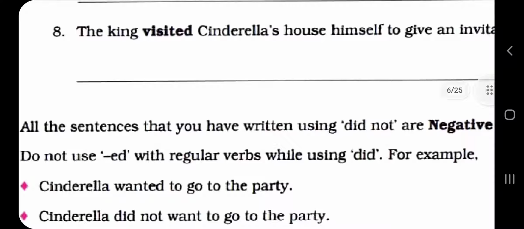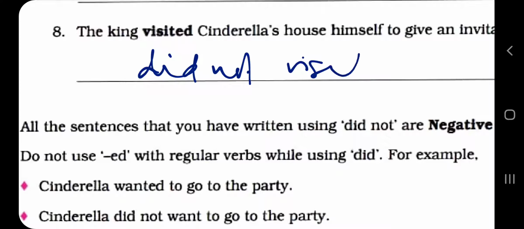The last one: the king visited Cinderella's house himself to give an invitation. No, he did not. So the king did not visit Cinderella's house. Now complete the sentence.